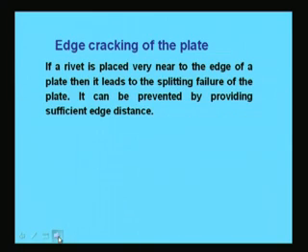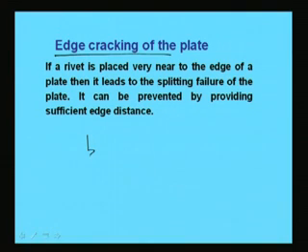Another failure used to happen because of edge cracking. When does it happen? Edge cracking happens when sufficient edge distance is not provided during the joint design. How does it happen?